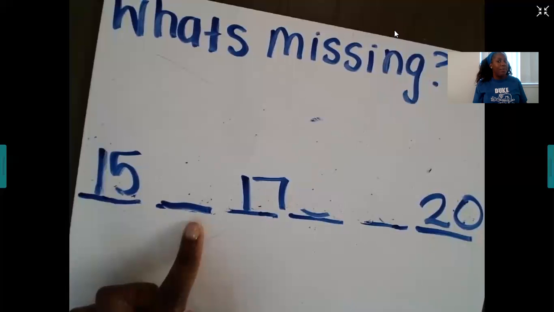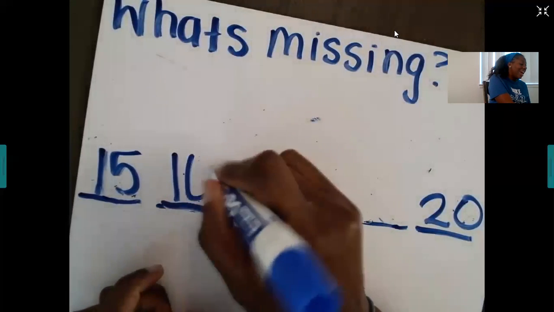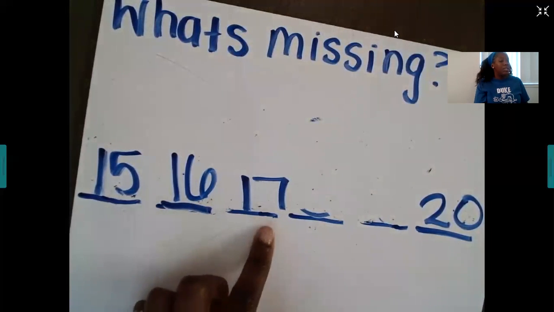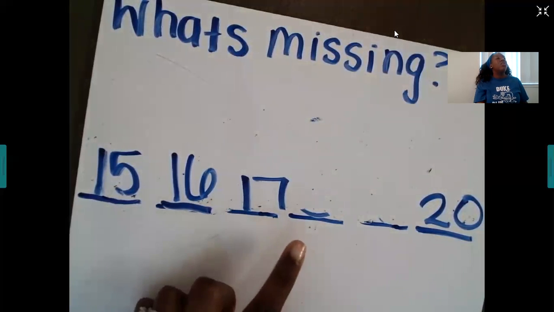Go back and count. Think about it. You have 15, 16. Yes. After 16 comes 17. After 17, you have what's missing?